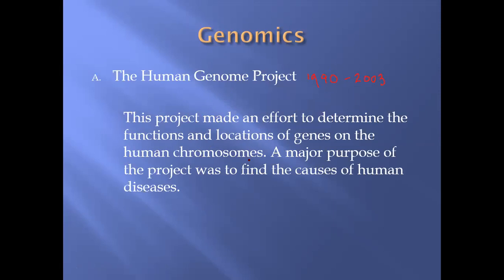genes on human chromosomes. So the first gene that we sequenced was very expensive, right? The very first time we did this, it cost millions of dollars, and it's not something that everybody could do.